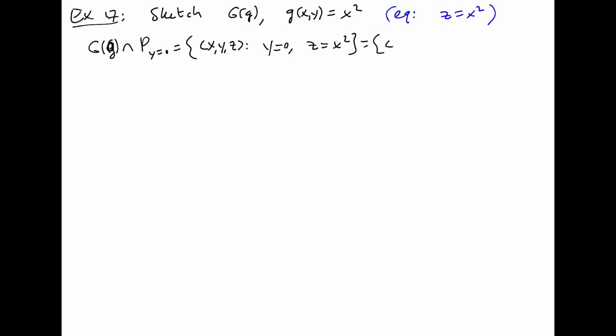So these are the points x, 0, z, where z is x squared. Okay, so let's sketch this in the xz plane. Well, that's just the usual parabola.